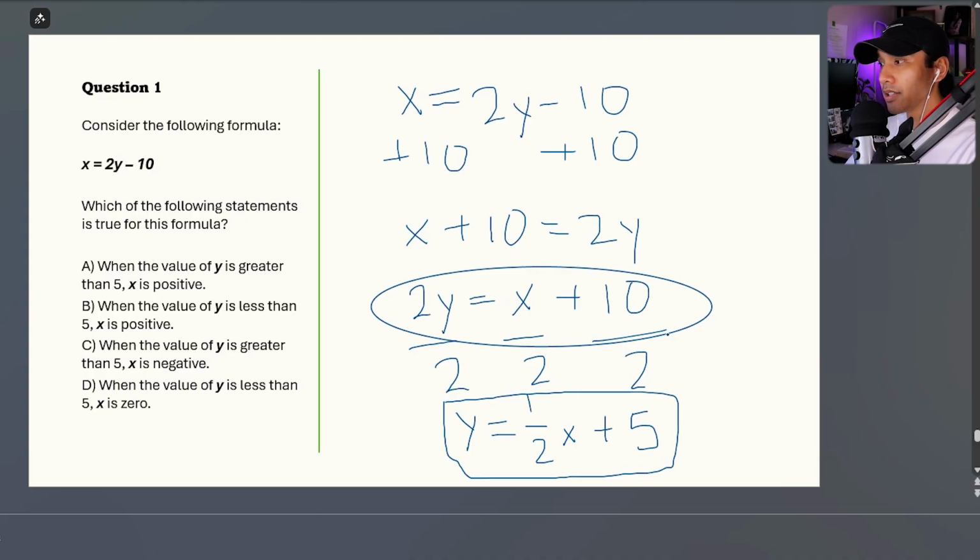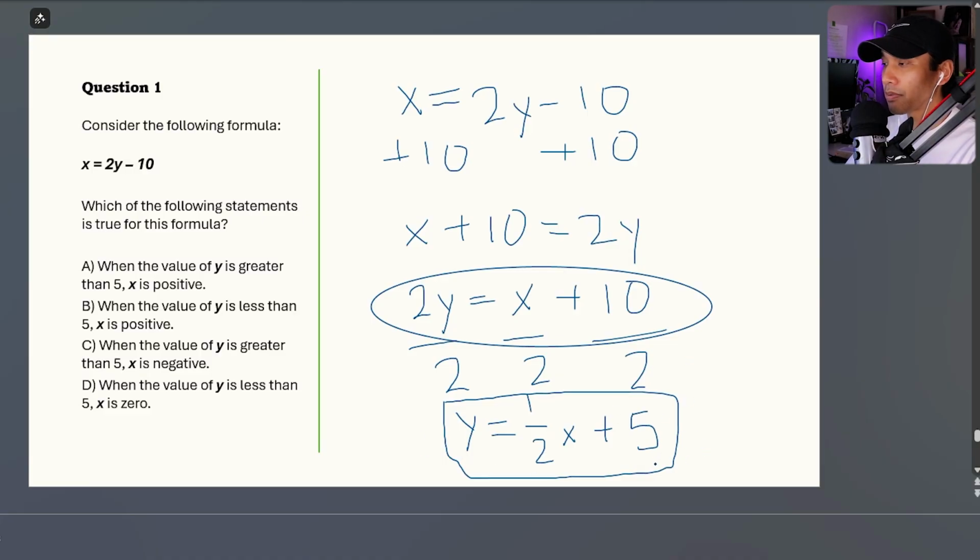Okay, for the sake of this video, and so that we can solve this problem the fastest way, I'm going to be using 2y equals x plus 10. I'll also solve the problem using y equals 1/2 x plus 5, because this makes sense on a graph, right?